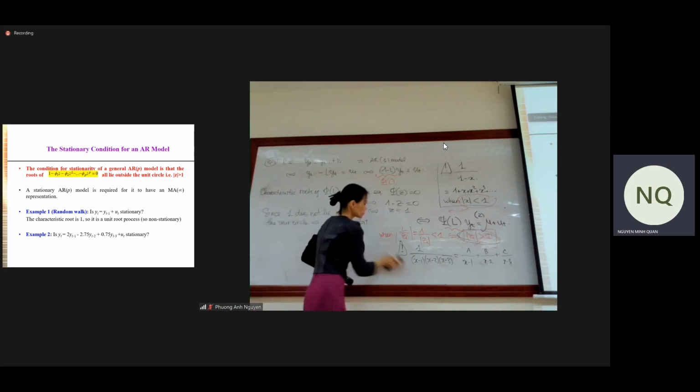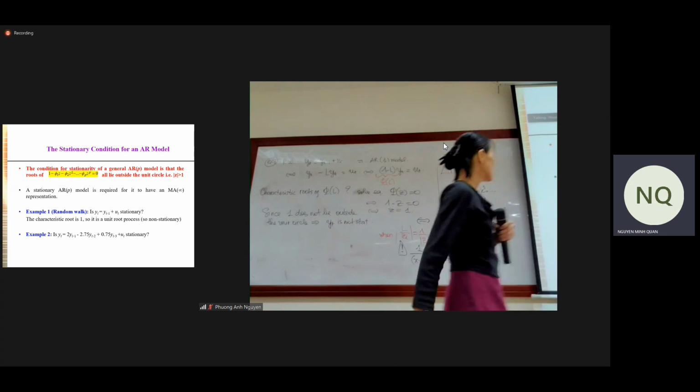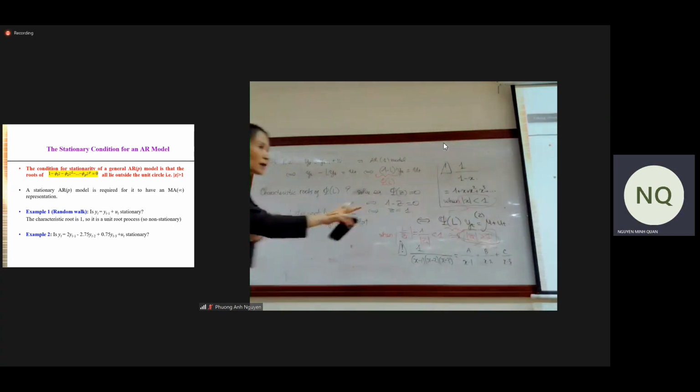Second example. First of all, is the AR model of order 1, 2 or 3?